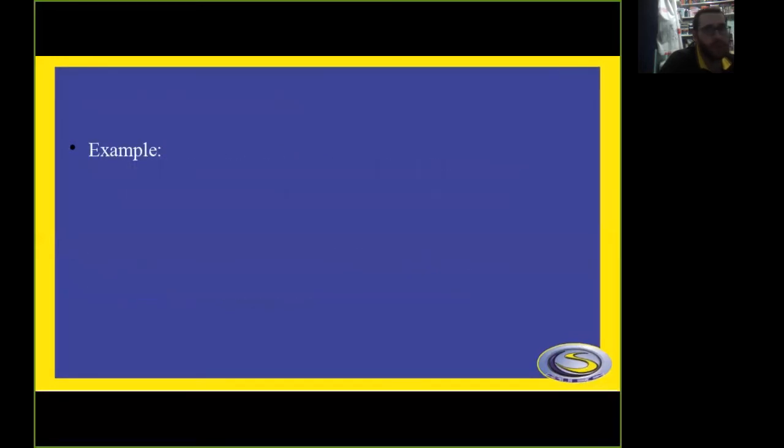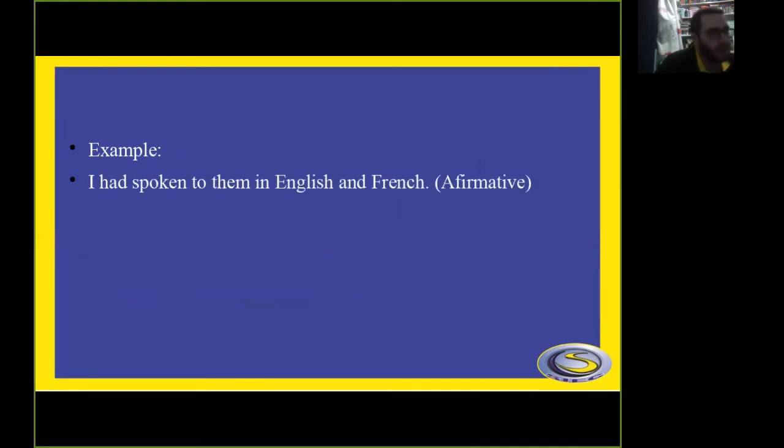I will give you an example of a clause. I had spoken to them in English and French. So you have an affirmative form: I had spoken to them in English and French.